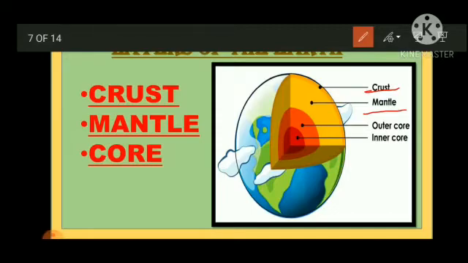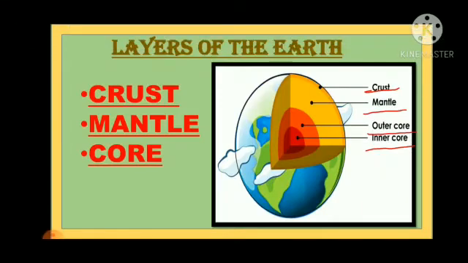It is the hottest layer of the Earth. And the core is also divided into 2 parts: outer core and inner core. Okay? And this is mainly made up of molten metals. Am I clear to you? So we have to remember the 3 main layers of the Earth: crust, mantle and core.